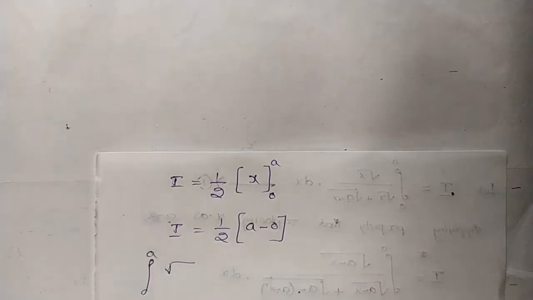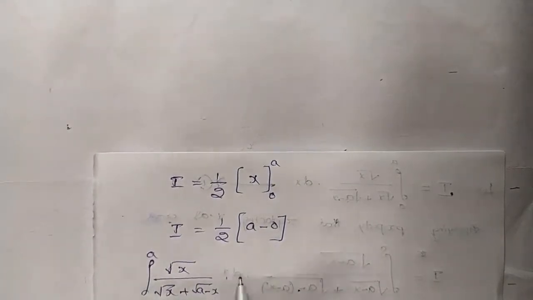I is what? I is nothing but what? From equation 1, integration of 0 to a square root of x divided by root x plus root of a minus x into dx equals 1 by 2 into a, is a divided by 2.